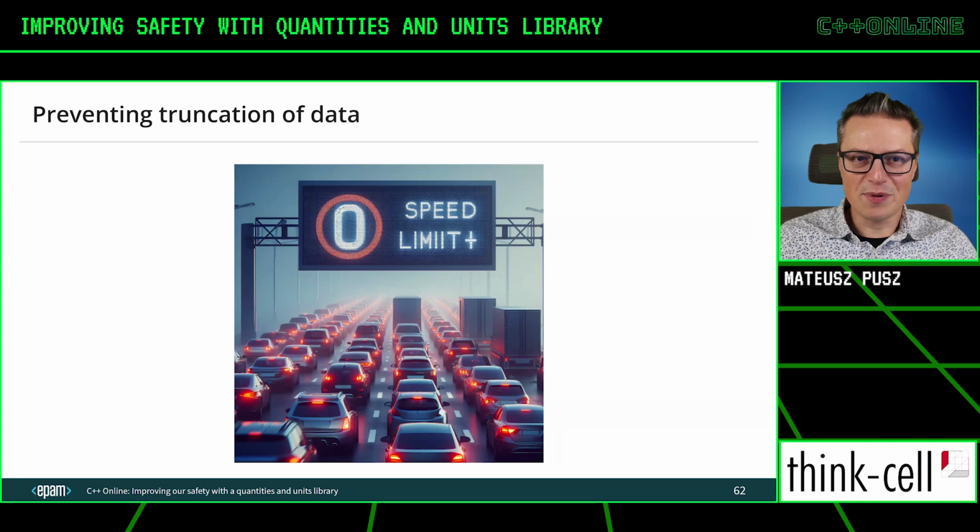And the second feature is preventing truncation of data. You don't want to accidentally truncate the data and end up with 0, for example, in your calculation, right? It could be disastrous to the product you try to apply such a truncated value. That's why the library should not allow you to truncate the data implicitly.